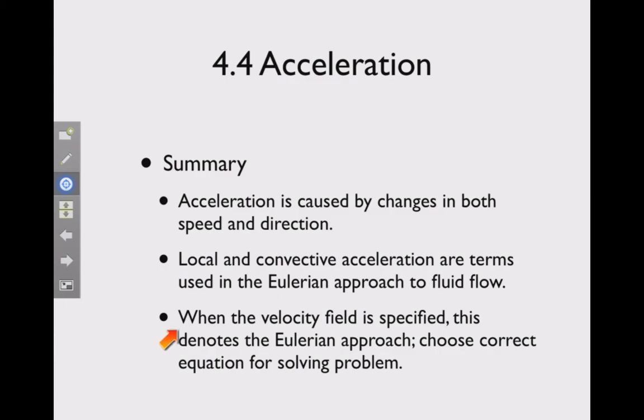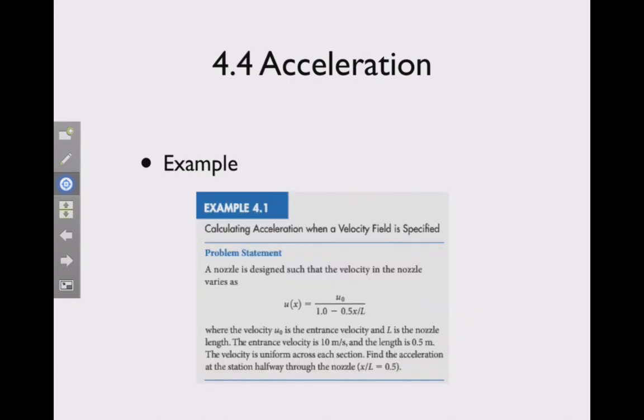When the velocity field is specified, we know that this denotes the Eulerian approach, and we need to choose the correct equations for solving the problem. We will see this approach again when we talk about the Reynolds transport theorem in subsequent chapters. So that's it for section 4.4. There is an example that I will do in a separate video.